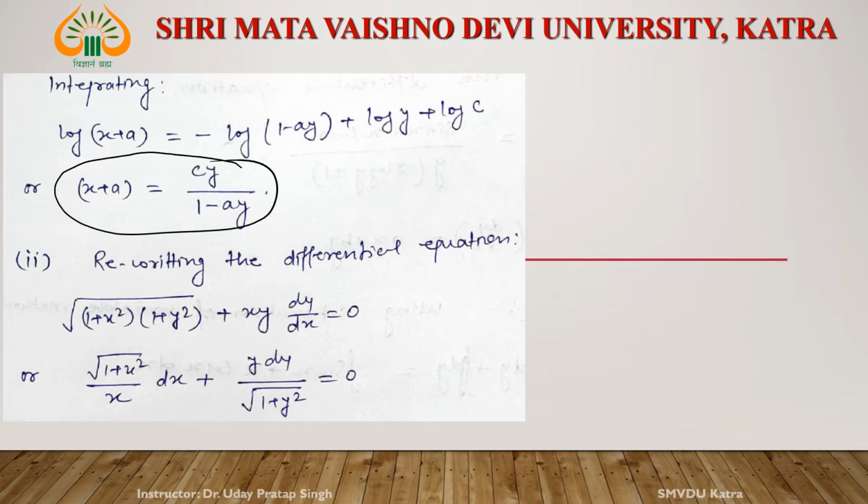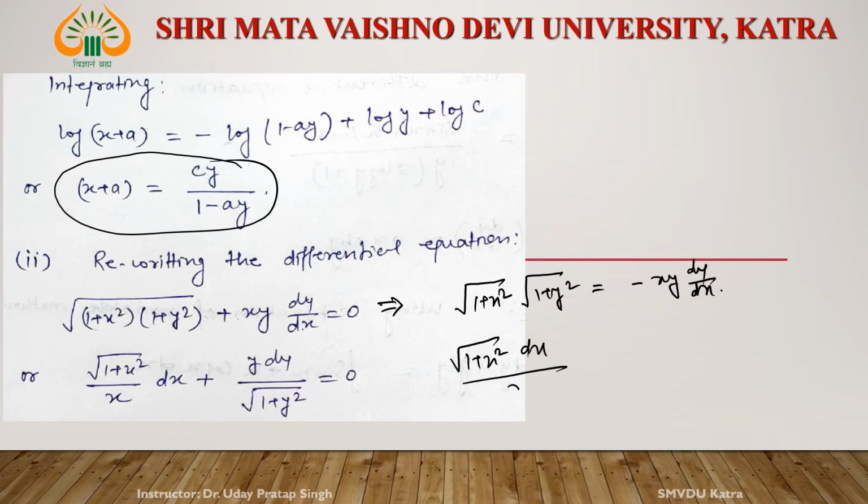Now the second example. After rewriting and rearranging the terms, this differential equation can be written as square root of (1 plus x square) into square root of (1 plus y square) equal to minus xy dy by dx. So this can be written as (1 plus x square) dx divided by x equal to y dy over (1 plus y square).